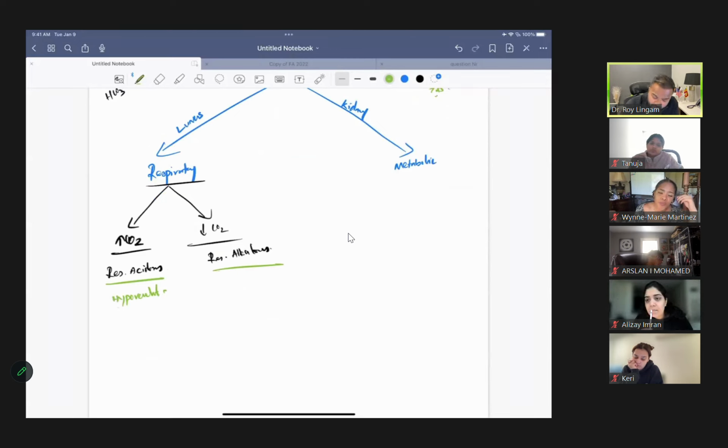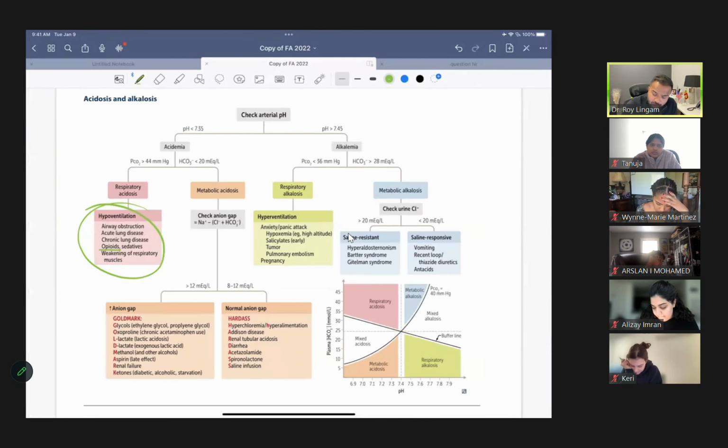On the other hand, anything that causes hyperventilation, you are breathing fast, that means you are getting rid of carbon dioxide. You become respiratory alkalosis. That should be here: hyperventilating, panic attack, anxiety, hypoxemia, all these things, folks. Okay, high altitude too. Now, remember, as you become respiratory alkalosis, you feel like you want to throw up.